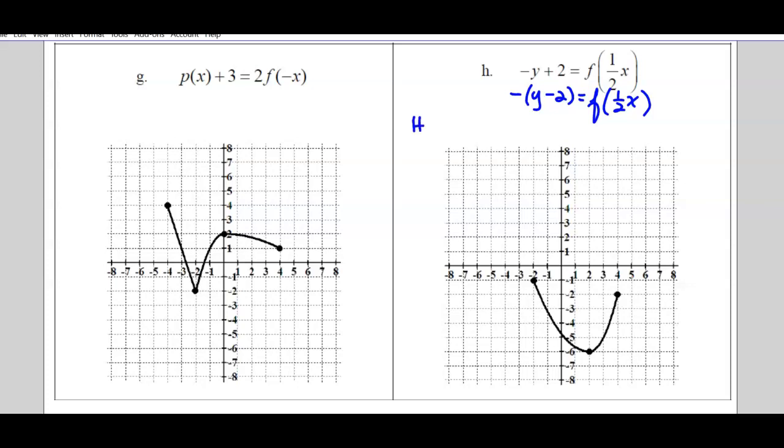So this is a horizontal stretch by the reciprocal of 1/2, which is 2. Reflection in the x-axis, so that's the -y. And then vertical translation up 2.